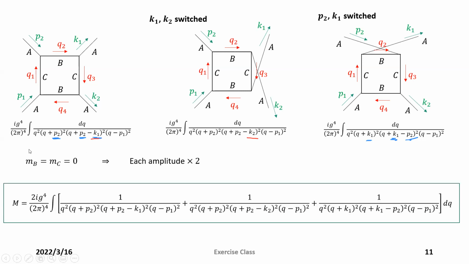And so when we add them up, the final full amplitude will be like this. And we can just leave the integration here because it's too complicated to evaluate. So this is the answer for the last question.